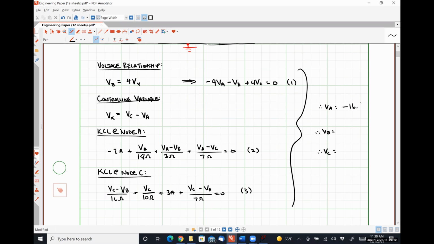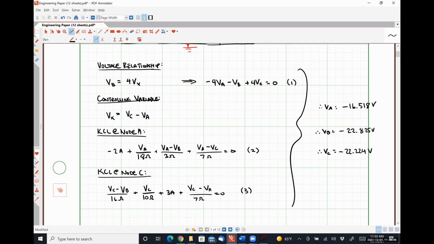Negative 16.518 volts. That's what I got. What'd you get for VB? And what'd you get for VC? All right. So those are what I got as well. So they're correct. Not because I got them, but because I've tested it.